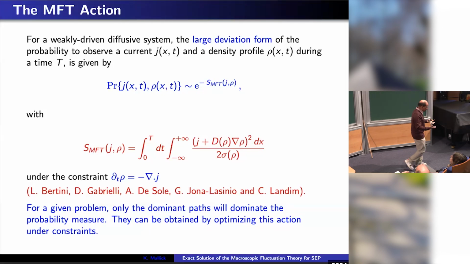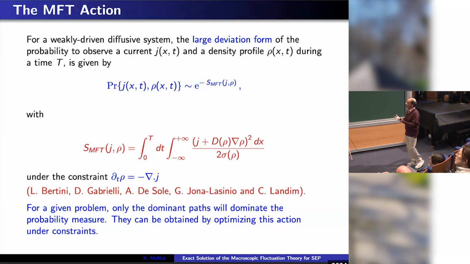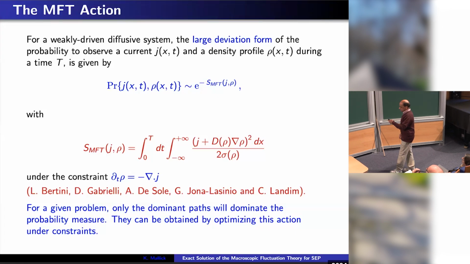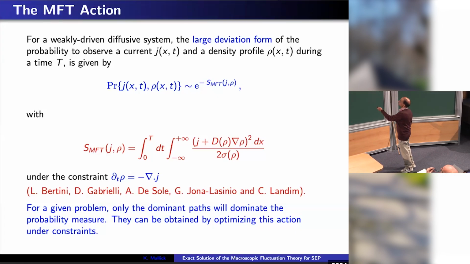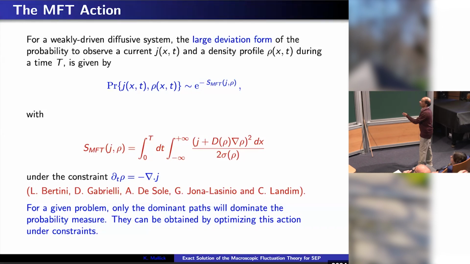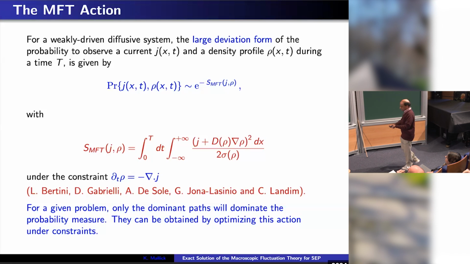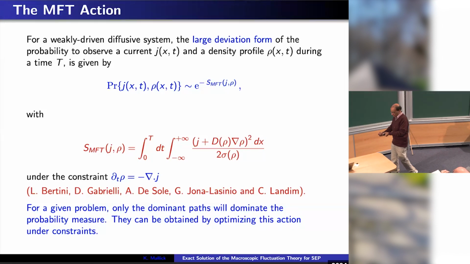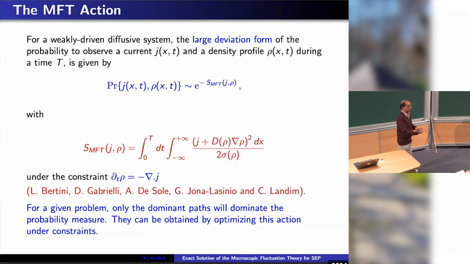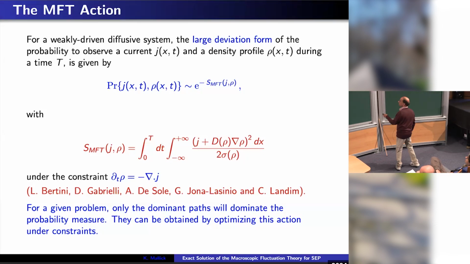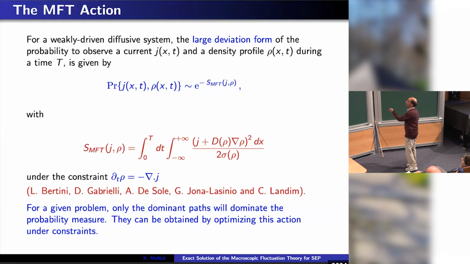Again, not a mathematical theory, but a physical ansatz, saying that this large deviation functional for the current and the density should take a variational form, which is in fact quite natural, which essentially tells you that locally the fluctuations of the current are Gaussian, like Gaussian white noise. So this would be a very natural variational form to write.